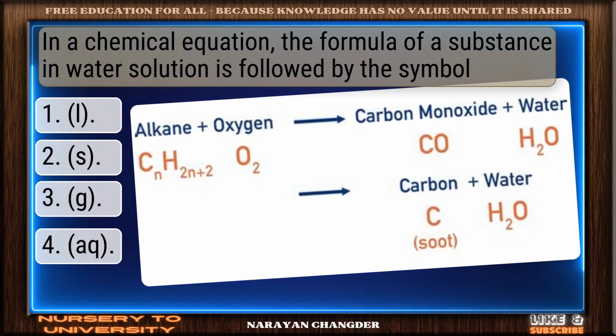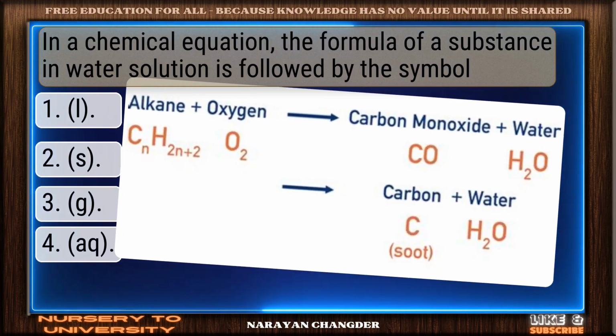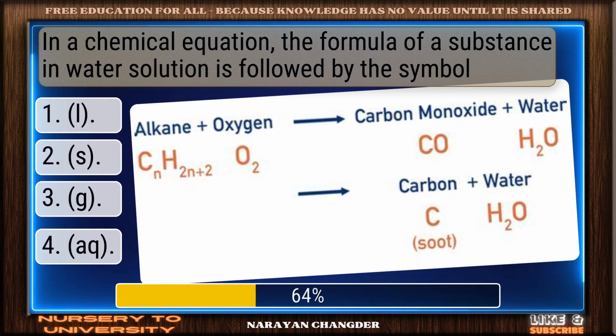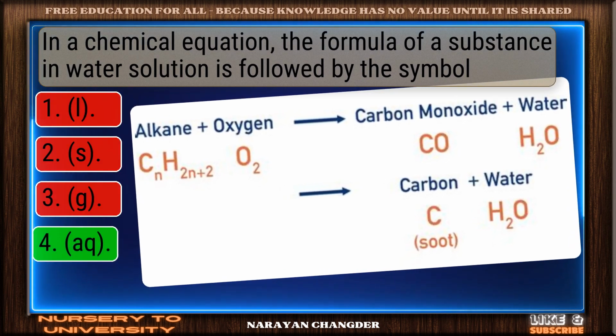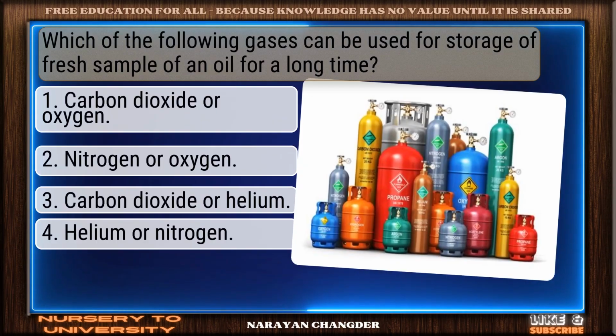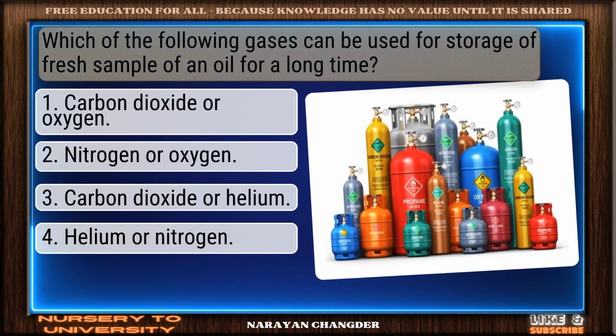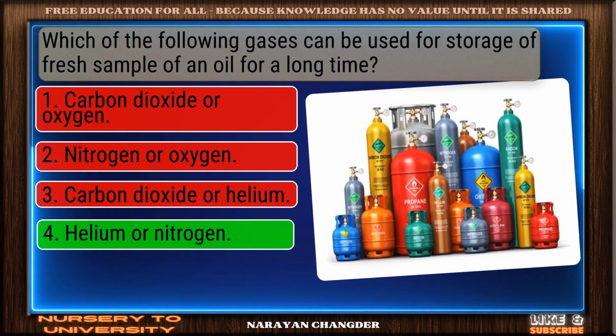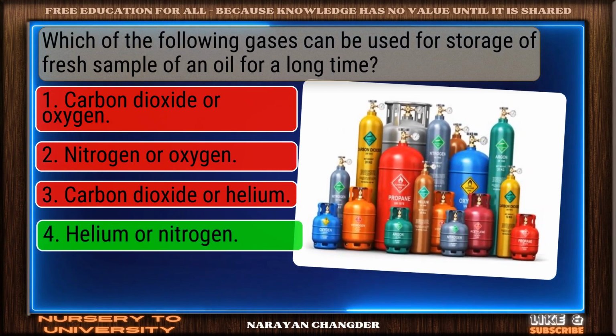In a chemical equation, the formula of a substance in water solution is followed by the symbol. Good job. Which of the following gases can be used for storage of fresh sample of an oil for a long time? Excellent choice. Helium or nitrogen is right.